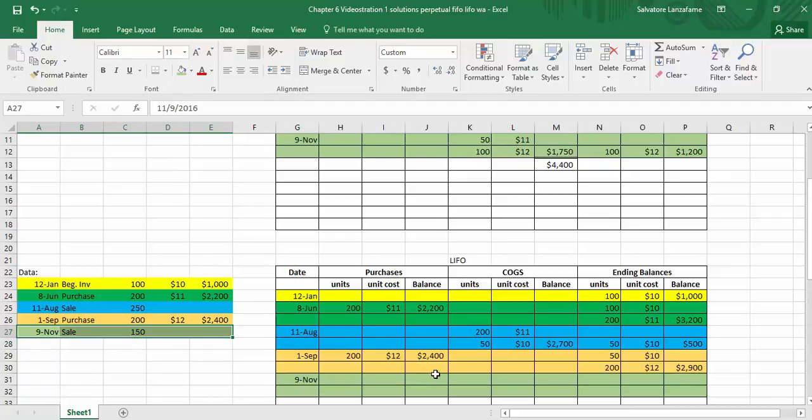Okay, so on November 9th, we sold 150. Which 150 are we selling? Last ones in are the first ones out. So refer back to the last date, and the last ones that came in were the $12 ones. So we're going to get rid of 150 of those. So 150 at 12 is what those are costing us to sell.